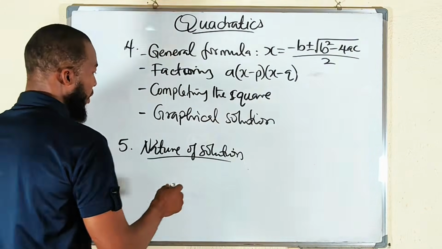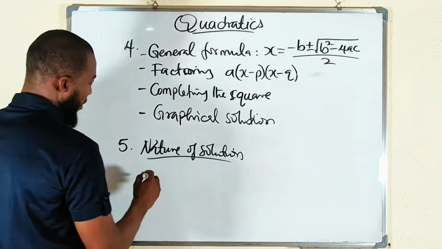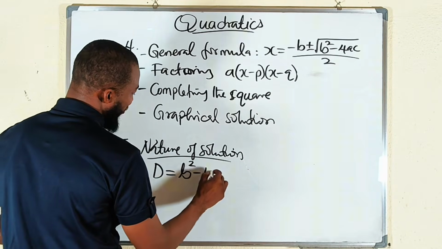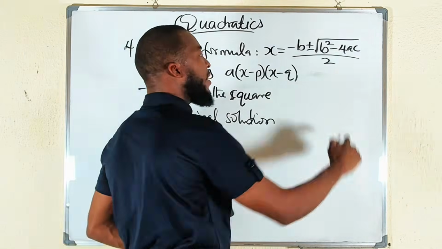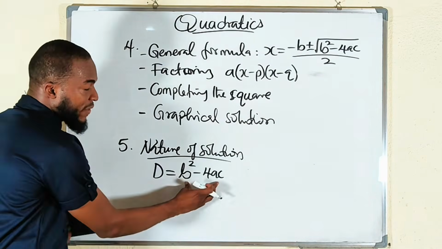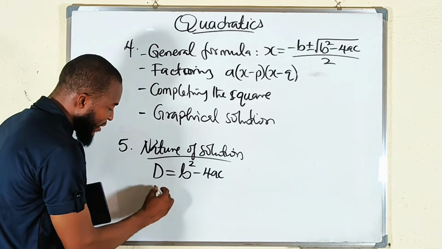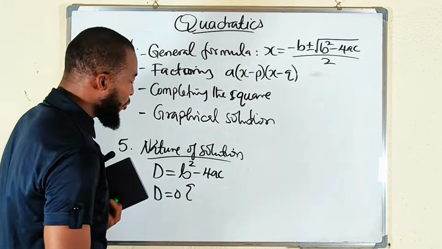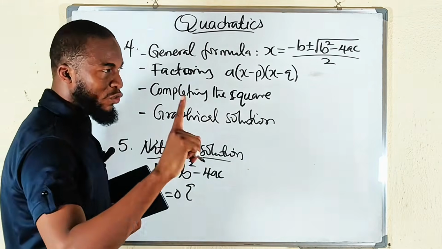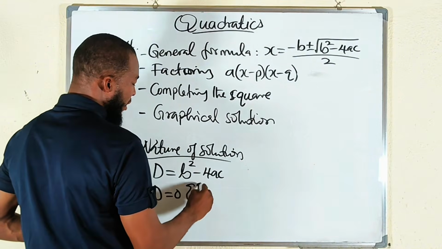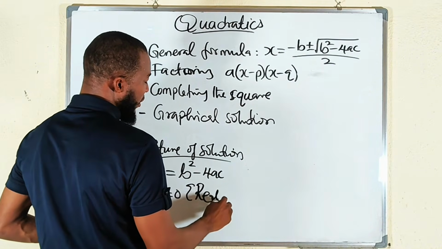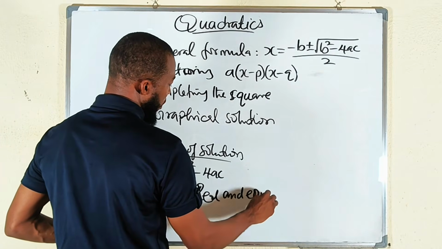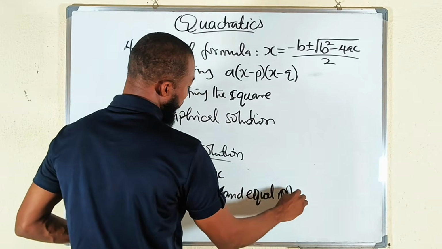So how does it happen? Remember, the discriminant D can be obtained by taking b squared minus 4ac, which is this value under the square root. If you simplify this value and you realize 0, then it implies that the quadratic equation will have only one solution, twice. We call it real and equal roots or zeros.